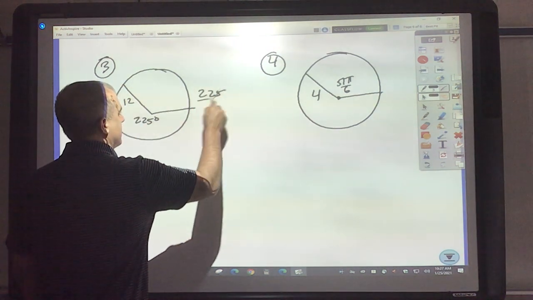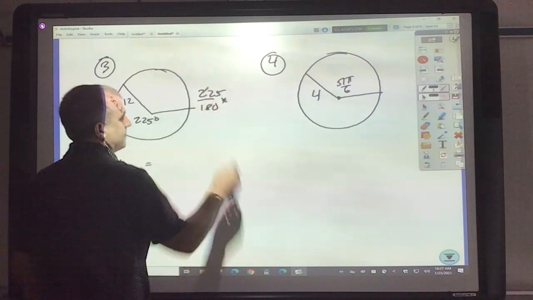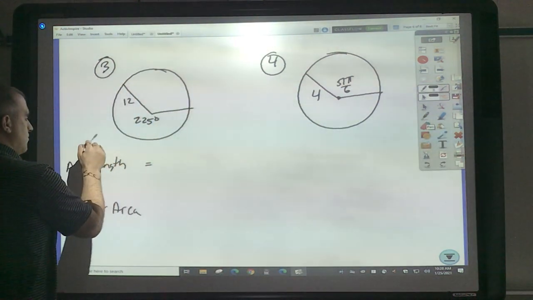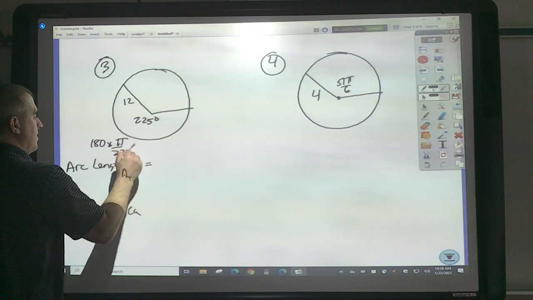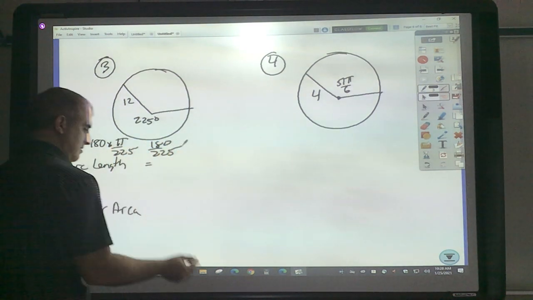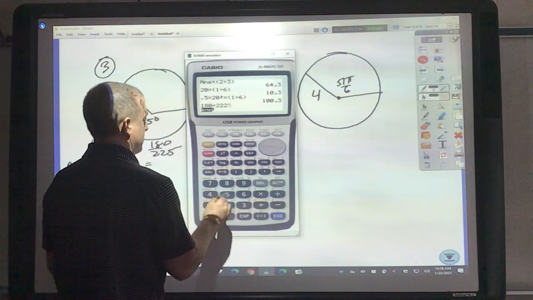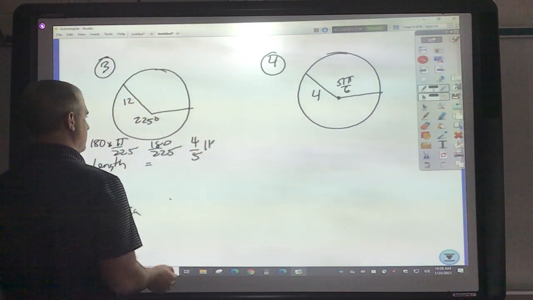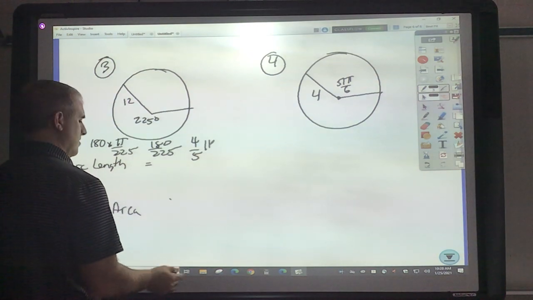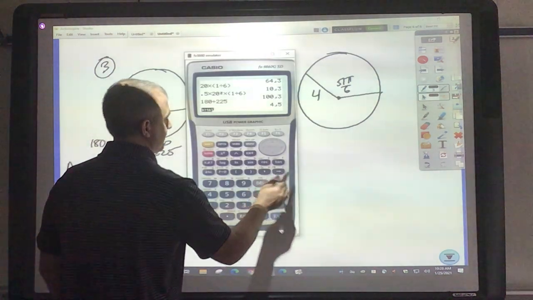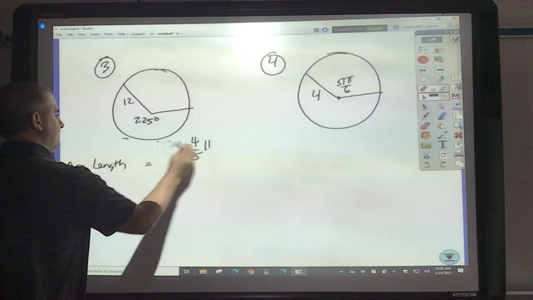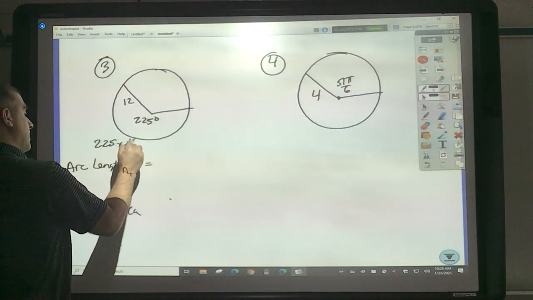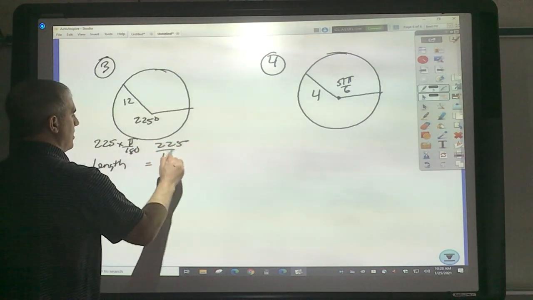I have to convert this to a radian. So 225 times pi over 180, 225 over 180.